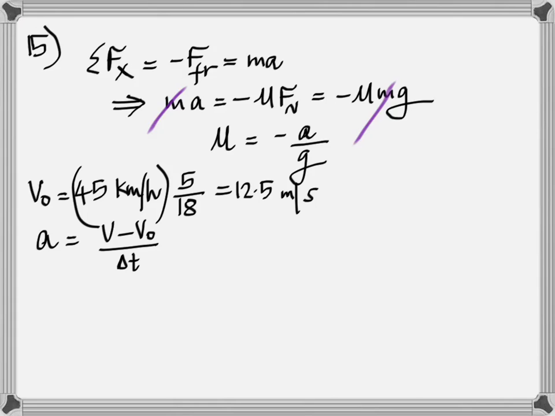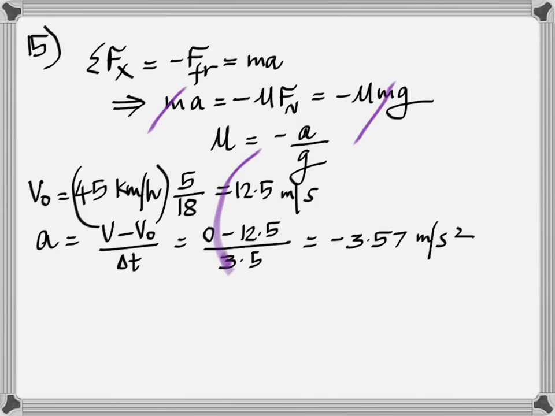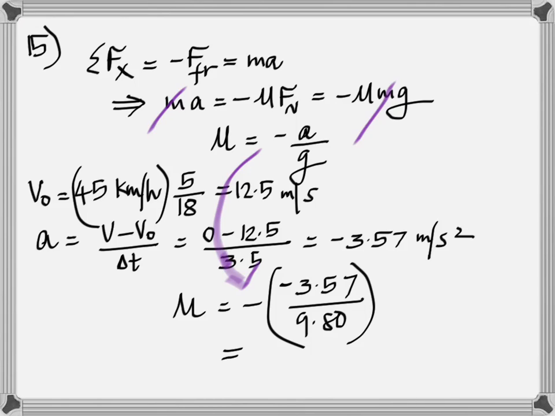Use the equation for acceleration. You get negative 3.57, and plug it back into that equation to find mu, as 0.36.